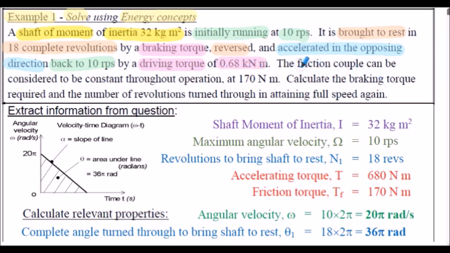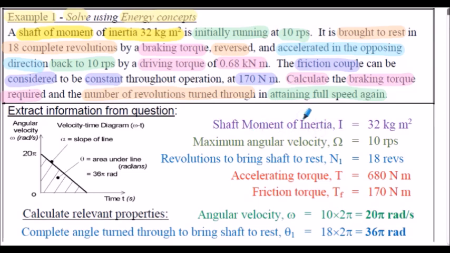We're informed that there's a friction couple that can be considered to be constant throughout the operation of 170 newton meters. So for the first part of the question, we have to calculate the braking torque required to bring the shaft to rest, and then calculate the number of revolutions turned through in again attaining the full speed of 10 revs per second. So there's our question outlined.